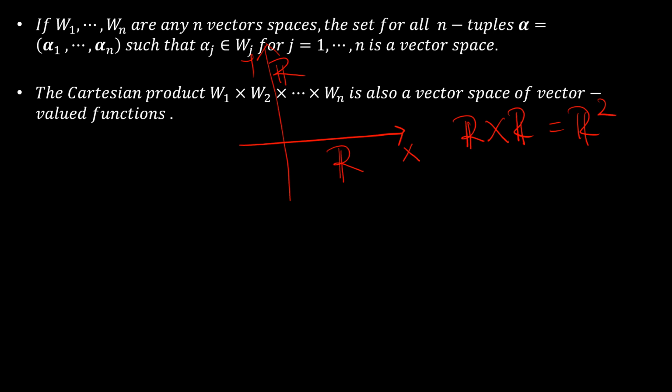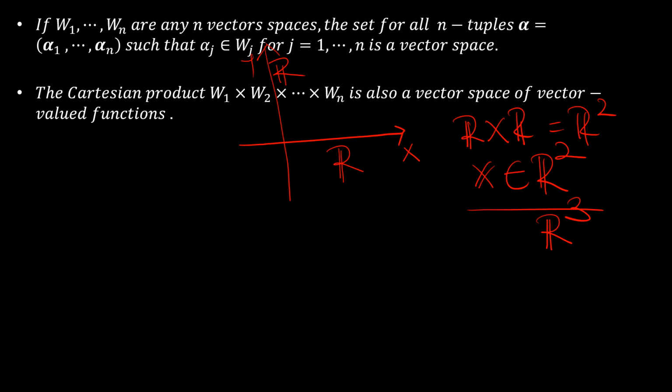So the points in the two-dimensional space are now elements of that Cartesian product of a set of two sets of real numbers. And obviously, as you go to higher dimensions, if it's three-dimensional space, now that becomes R cubed.